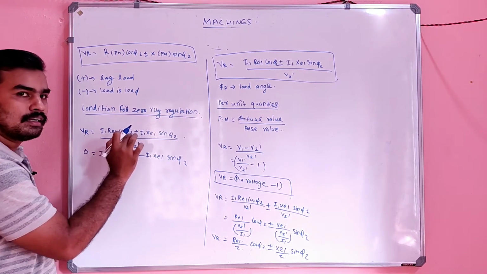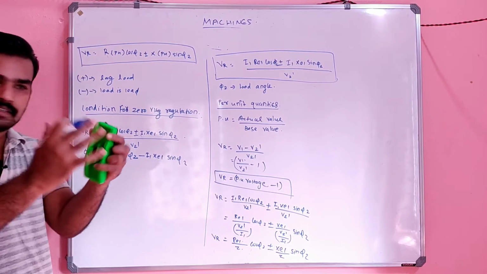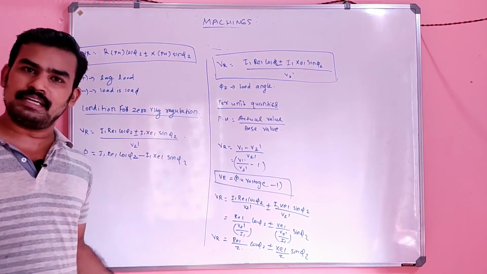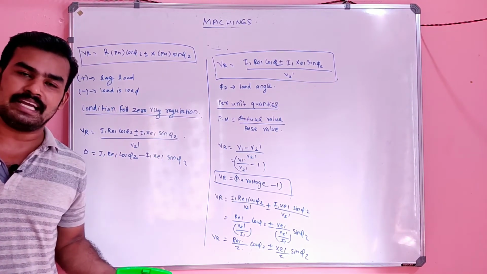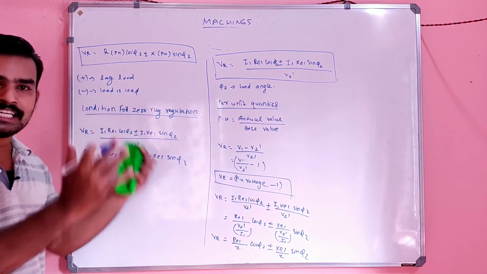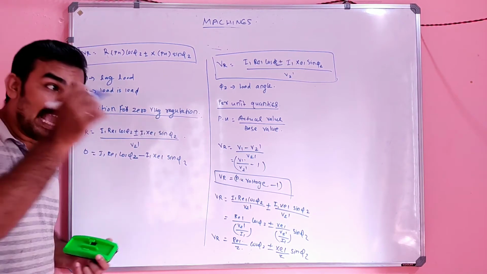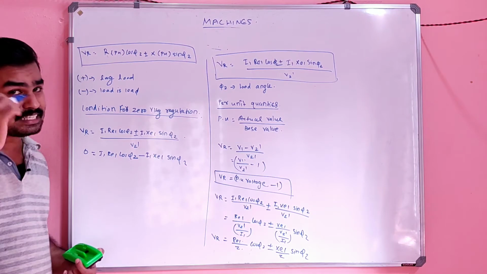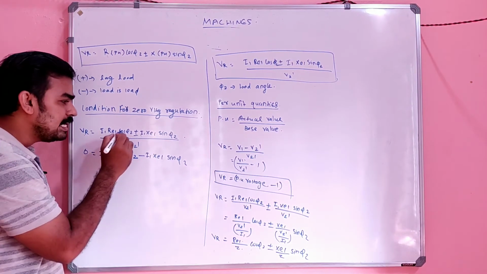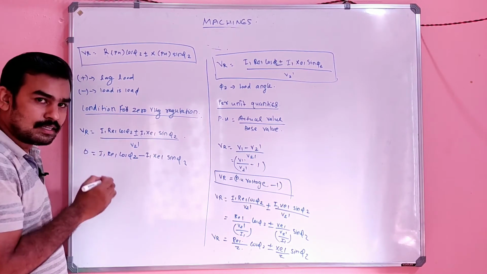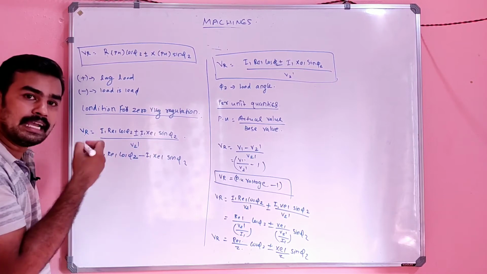Suppose it is plus here, then if you add two quantities, another quantity will definitely arise, right? If you subtract one quantity from another, only then is there a chance of 0. So the chance of 0 happens only when there is a minus in between.